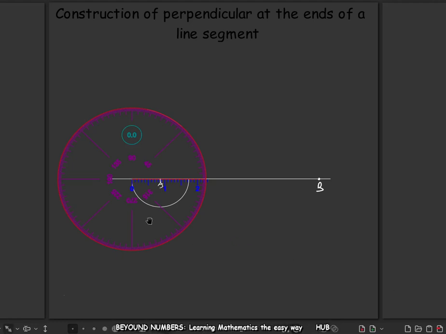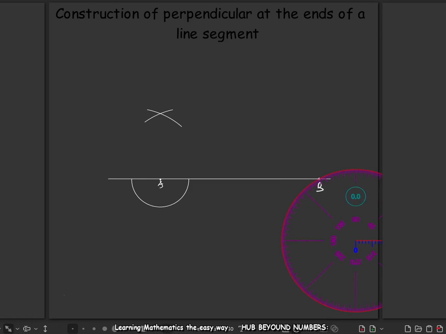Then with the same opening of my compass, I now stand here and draw another arc to intersect the previous one I drew. You see, I'm drawing this arc here to intersect the previous one.